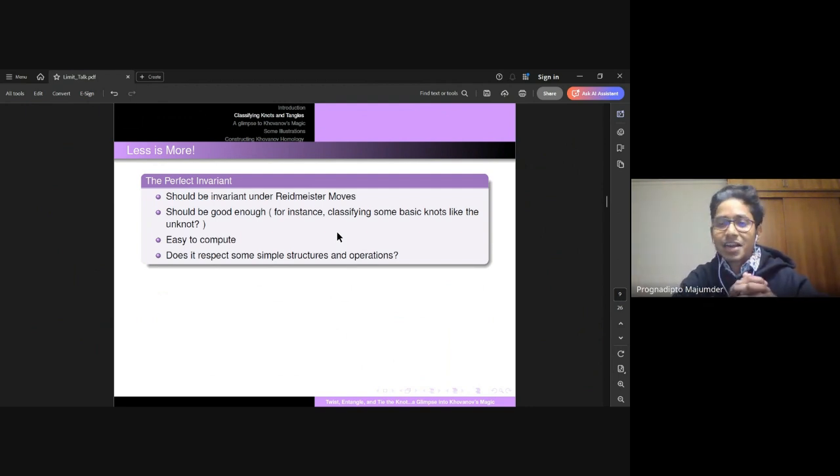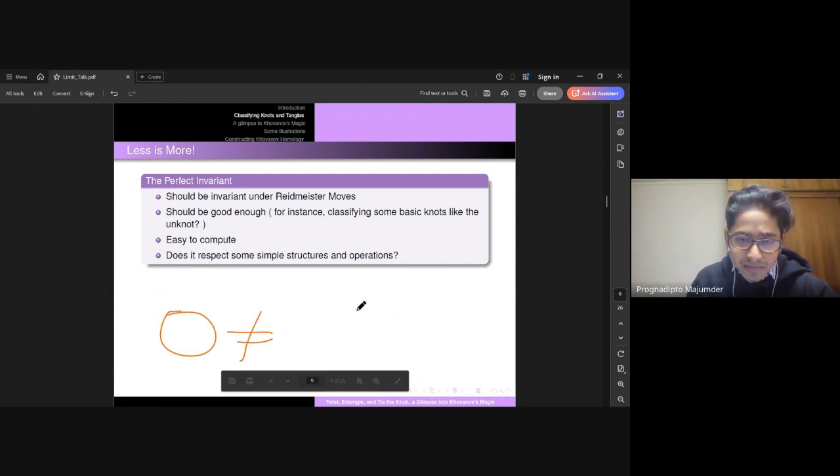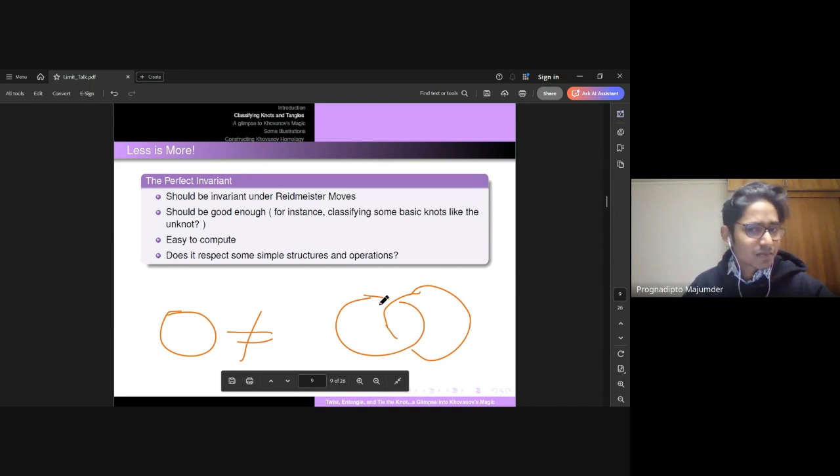So I can use the number of connected components. From that, I can say that this guy is not the same as this guy, because one has two connected components and the other has one. That's one thing, but it's too little information.